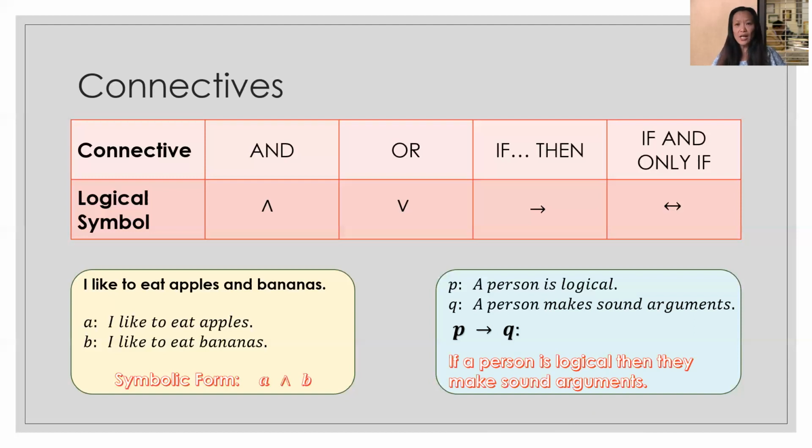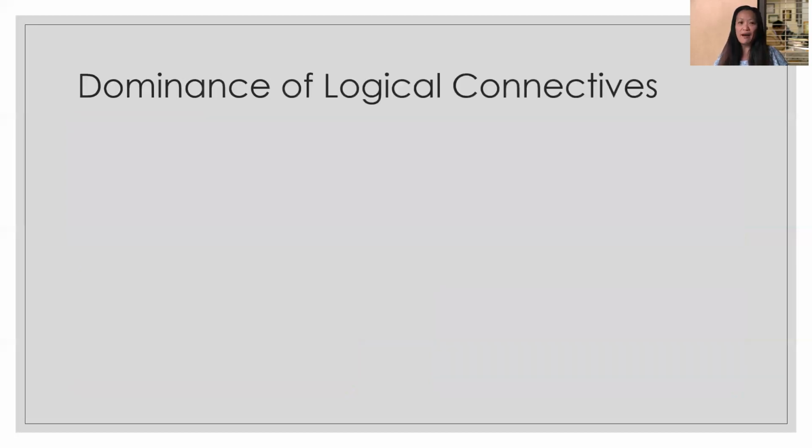Now, just kind of like order of operations, you know, like the addition, subtraction, multiplication, division, you have order of operations, right? So here we do have the order of logical connectives. So we know how to operate, which one to deal with first, okay?